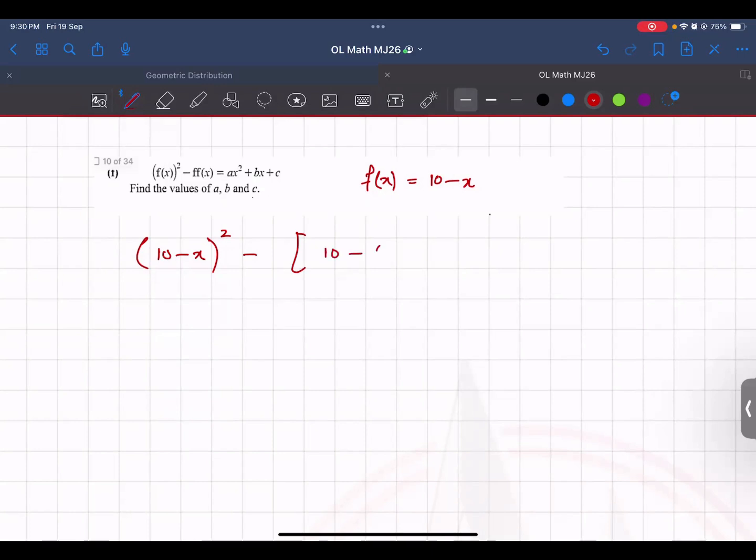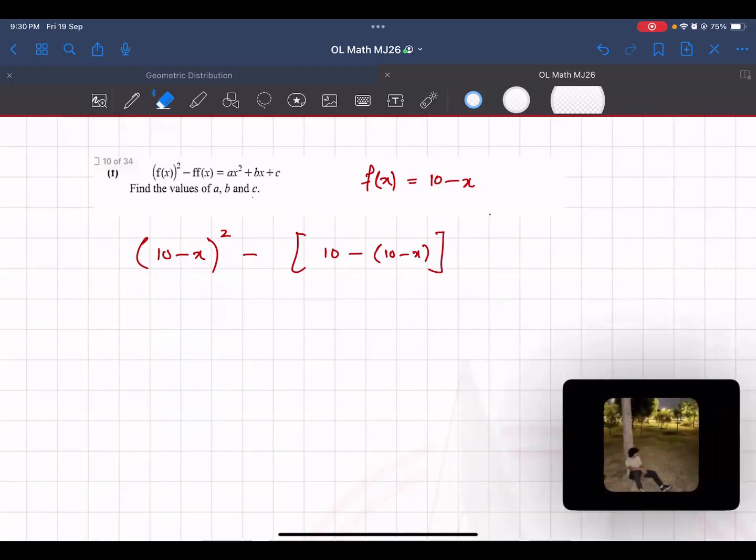So 10 minus x. Instead of the x over here, I wrote the function back again. It was 10 minus x, right? So instead of the x, now input the function again, 10 minus x. And now you have to simplify this thing.